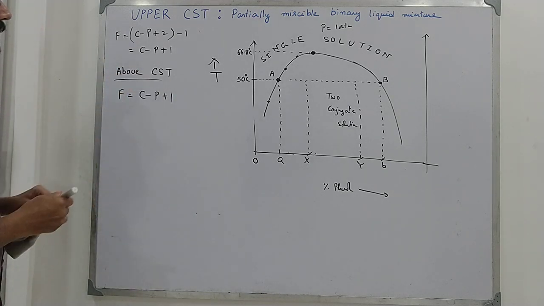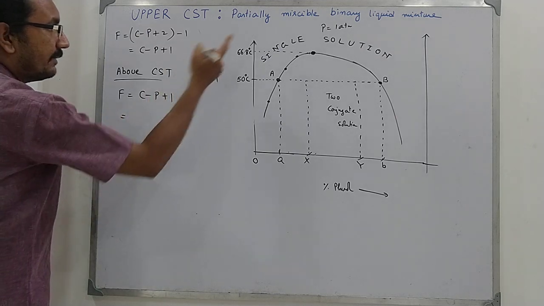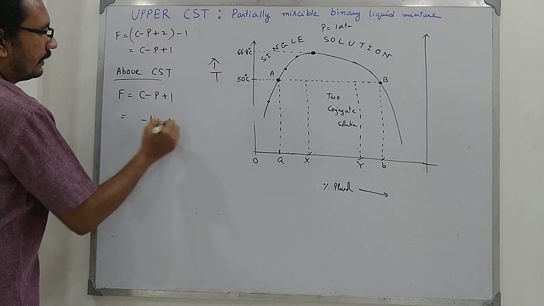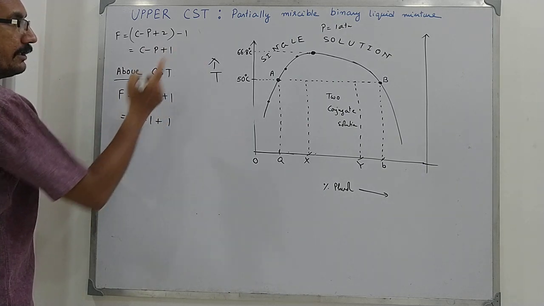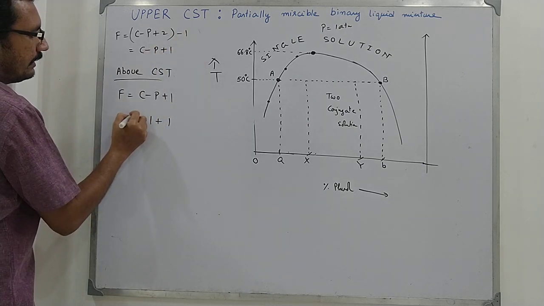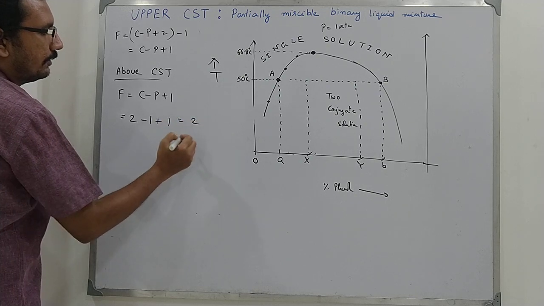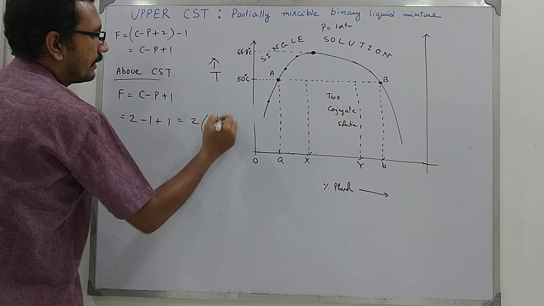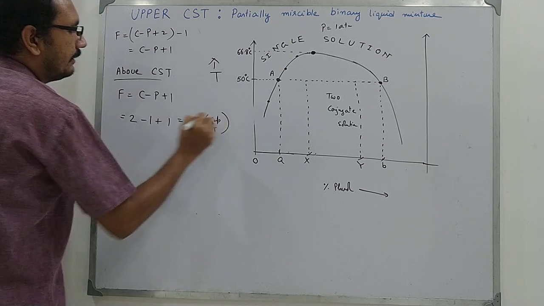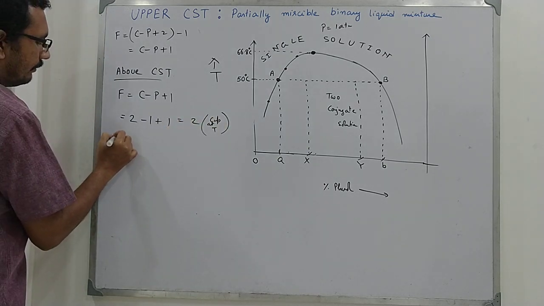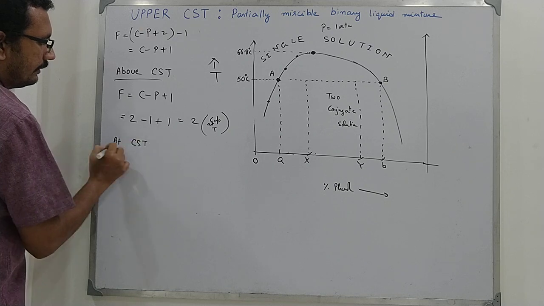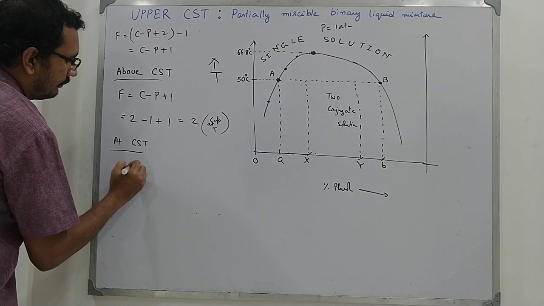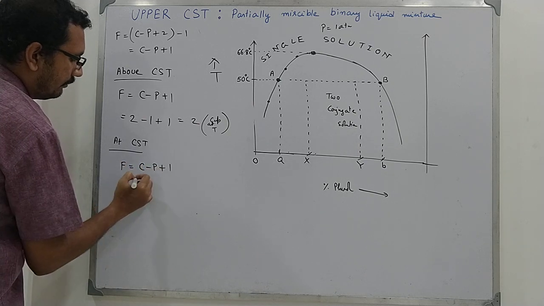Now above CST what happens? We have a single solution, so we have one phase. But we have two different components, both phenol and water, so it is 2. So we have 2 degrees of freedom. What are they? Composition and temperature. Now at CST, F equal to C minus P plus 1.